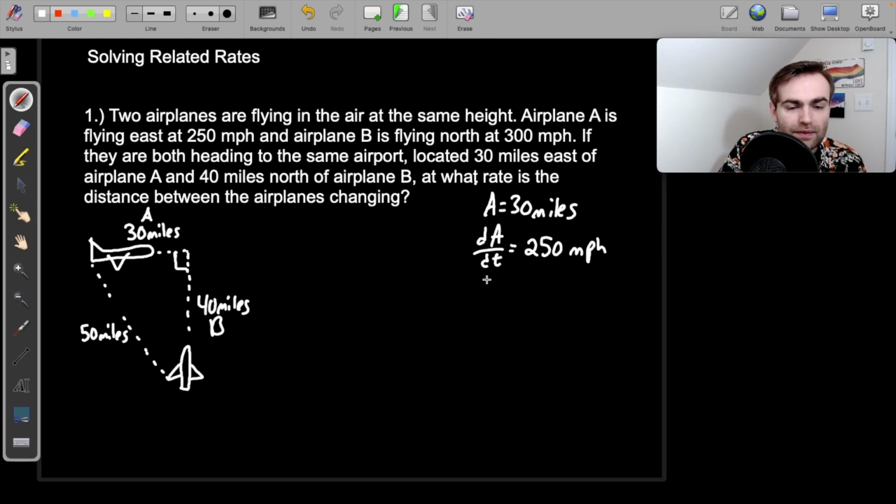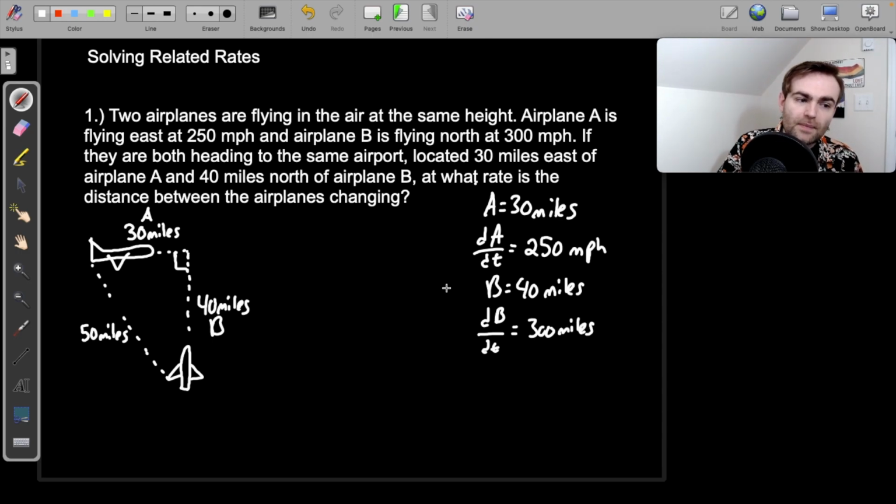And we know that big B is at 40 miles currently, and we know that its speed is 300 miles per hour. And we'll call this big C. Why not? Big C is equal to 50 miles.